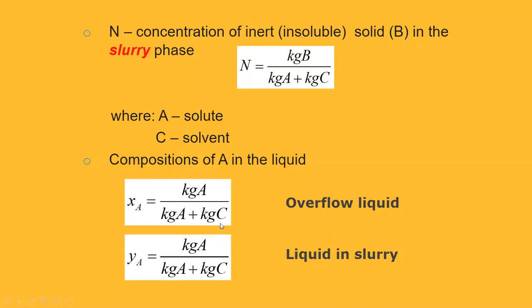Now, what have you noticed about the manner in which we express the concentrations? Aside from, of course, what we've seen already, that we use X for the solvent and the overflow liquid, and we use Y for the slurry, that's your underflow liquid. What else have you noticed regarding the way we express concentration in this case?